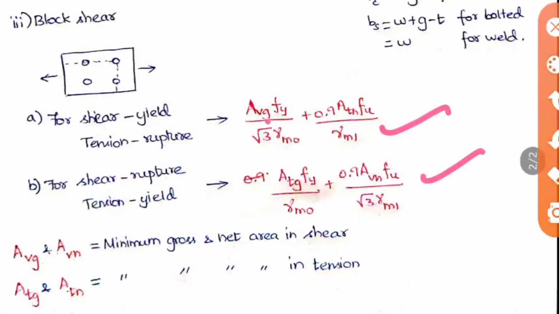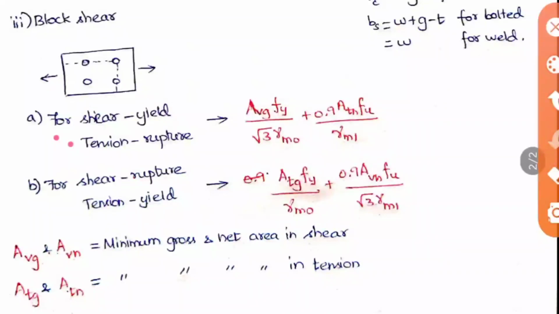And this Avg and Atg will be different here. So what do Avg and Atg mean? It is nothing but the minimum gross area and the minimum net area. In the first case, Avg means it is the minimum gross area in shear, because yield is occurring there, and in tension rupture is occurring.